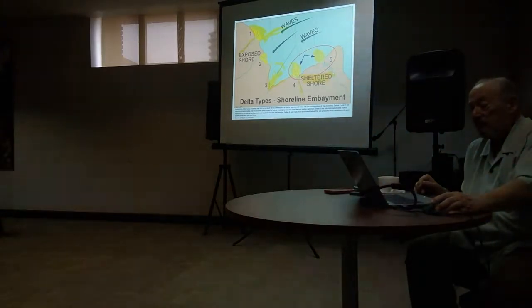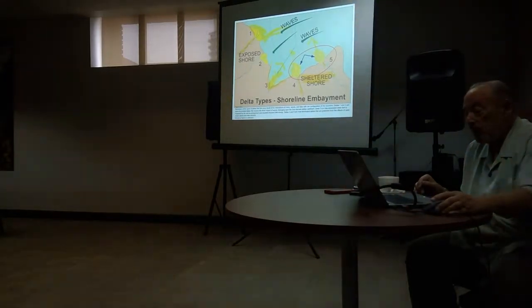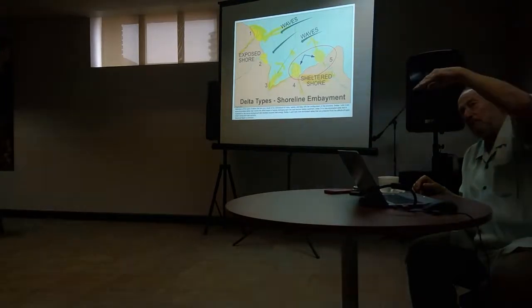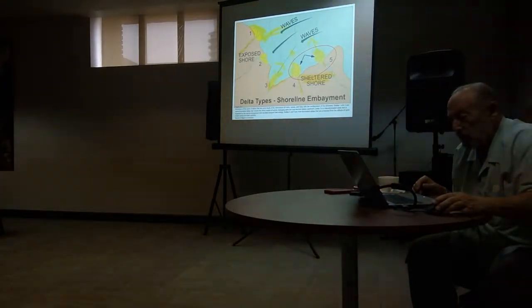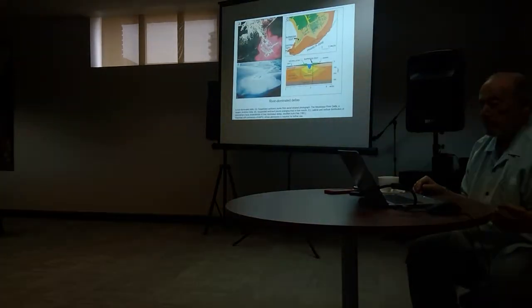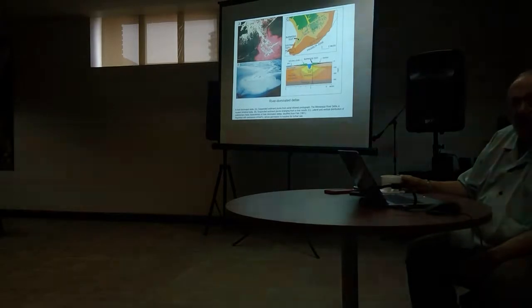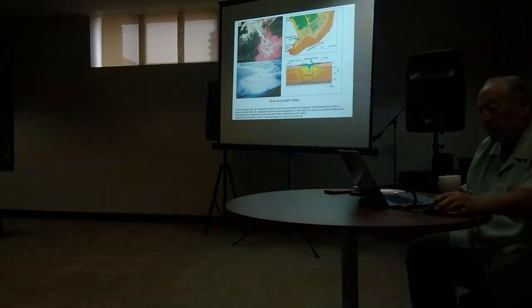And with time, that whole system will prograde in a seaward direction. As you deposit more and more sediment, you outbuild or prograde the delta. Here's a schematic diagram of the different types of environments that might occur in a river-dominated delta.